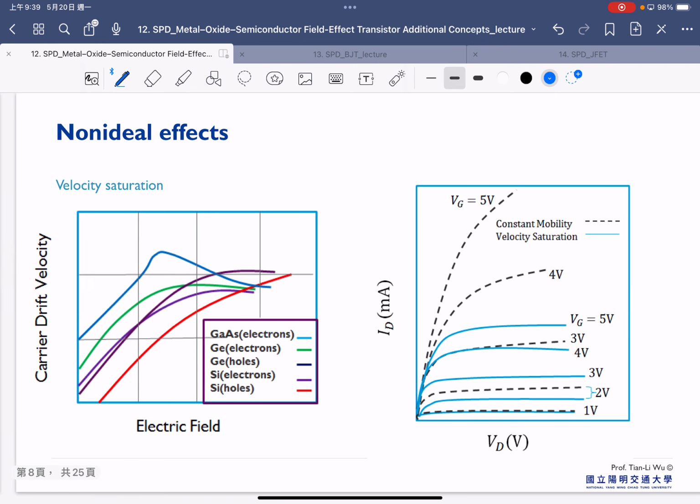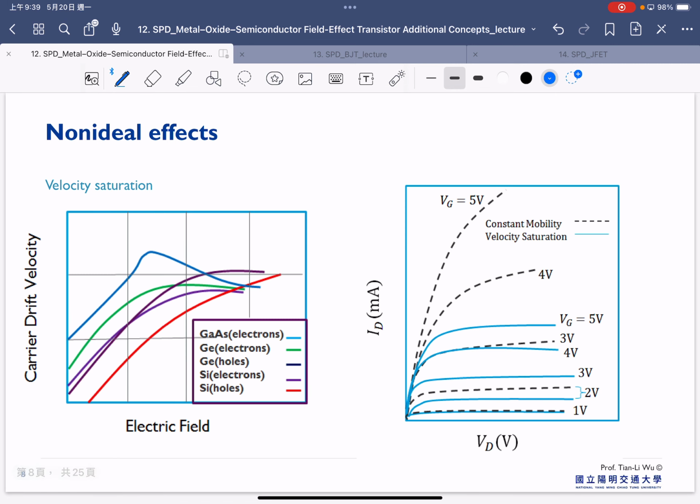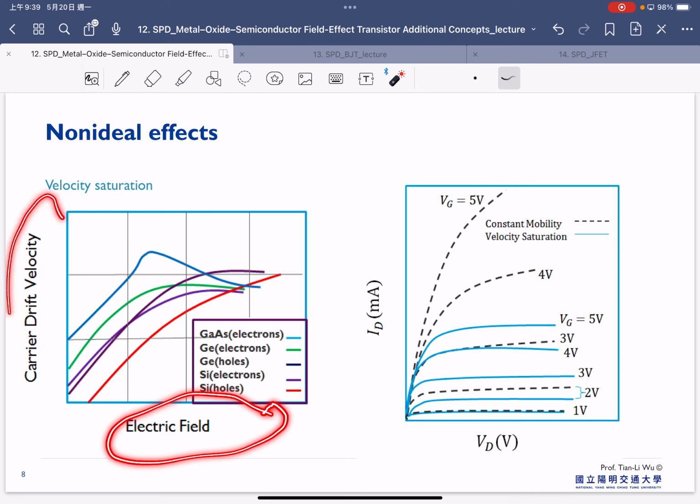And here are some cases for different semiconductor materials. As I have already drawn before, the x-axis is the electric field and the y-axis is the carrier drift velocity. These are the cases for silicon.